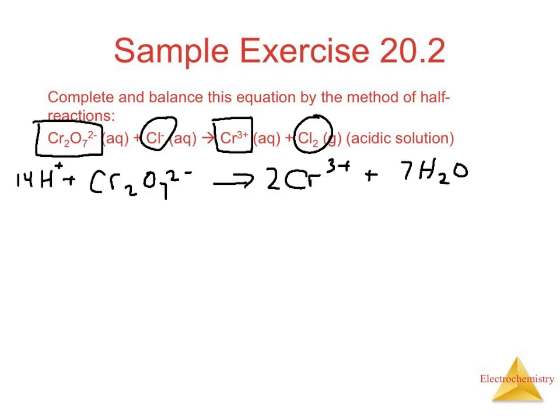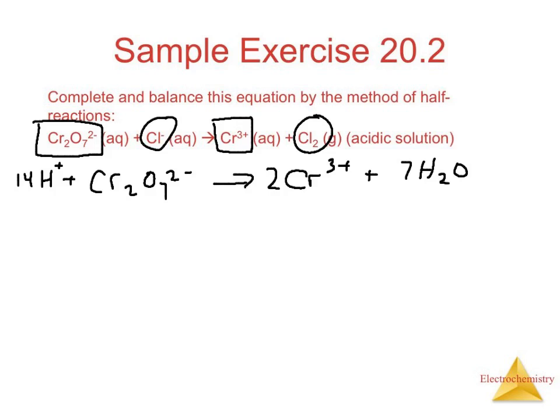Then I need to think about overall charge, and then we'll figure out our electrons here. So see, I didn't leave myself enough room. We've got a 14+ coming from the hydrogens, and a 2- coming from the dichromate.